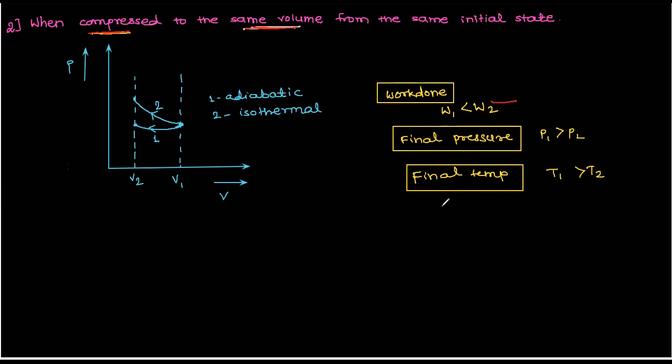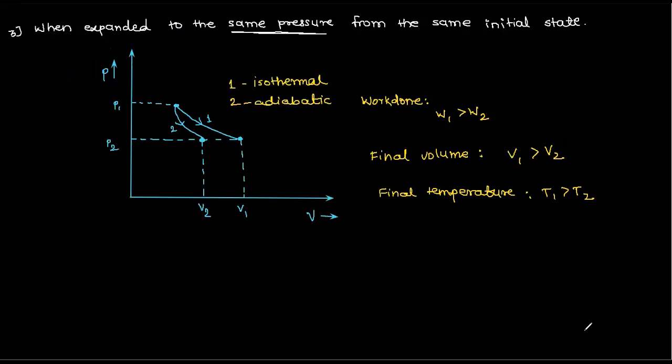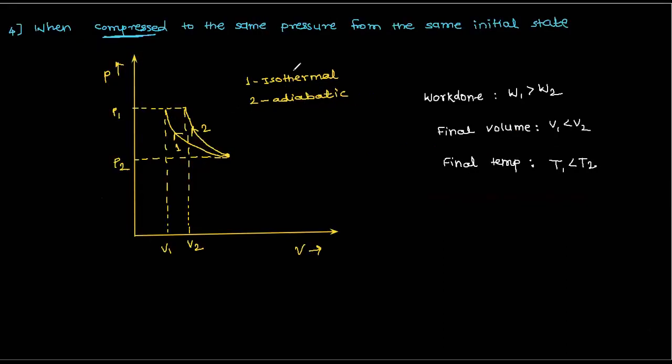Next one. Here again, this is expanded to the same pressure. So here work done W1, that is for isothermal, is greater than W2. Final volume V1 is greater than V2 and final temperature T1 is greater than T2. Next, the last case, compression to the same pressure.